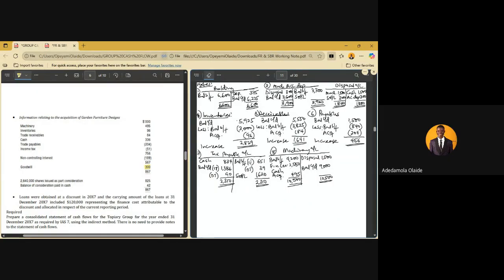There was a mistake. There was a mistake in the tax also, because the acquired tax liability also of how much? Of 51. So that will give us how much? 3255.